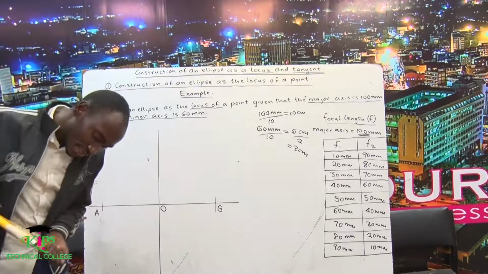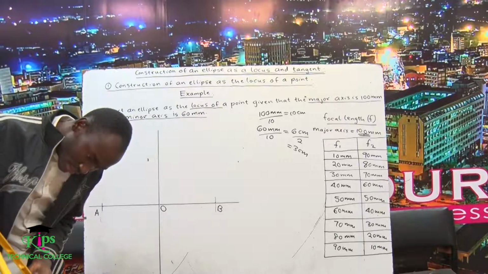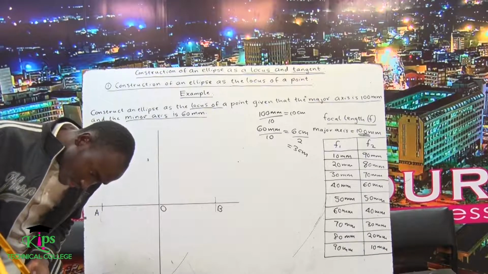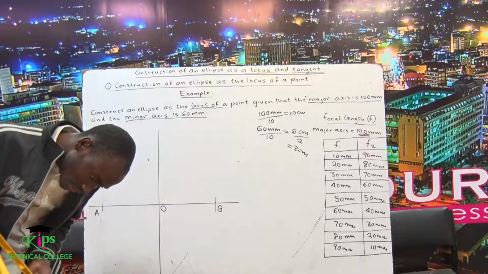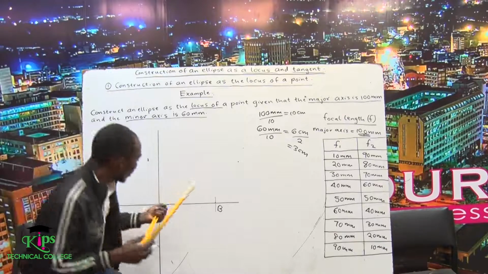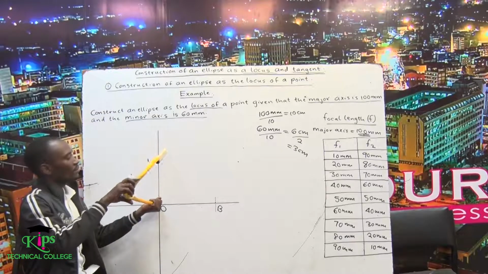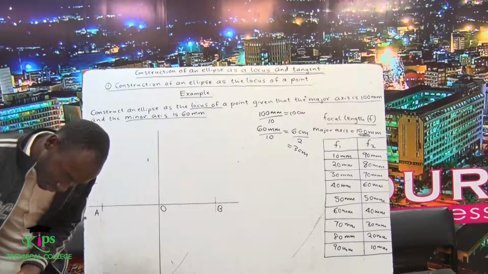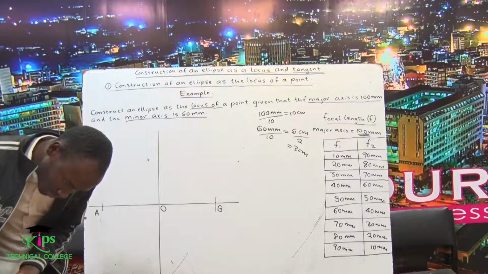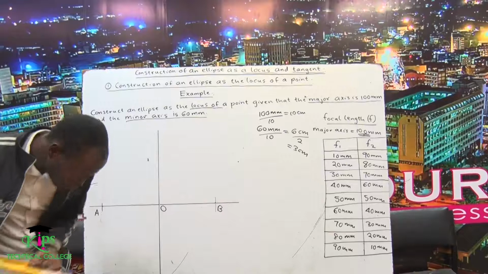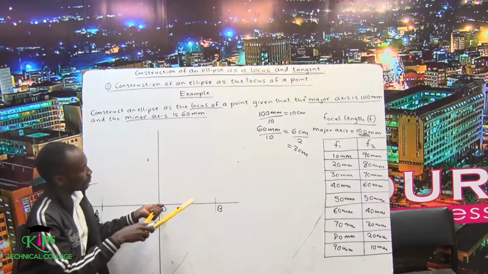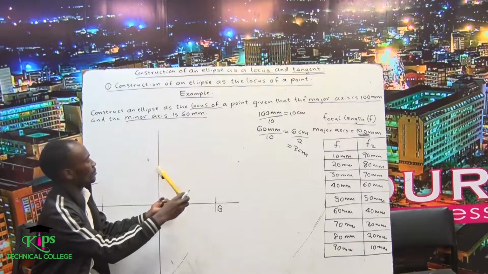So measuring 6 centimeters, we'll step at point O. Put a mark.